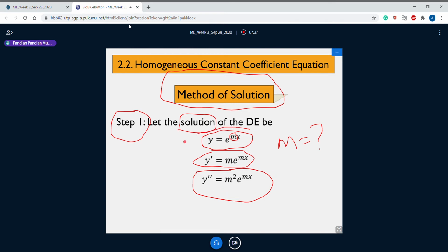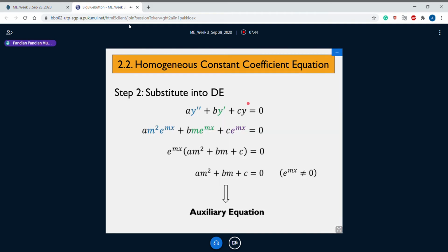Now, you take all this and plug it inside the differential equation, that is a y double dash plus b y dash plus c y equals 0. So you substitute a y double dash, that is a m squared e^(mx), b y dash, b m e^(mx), and c y, c e^(mx), equals 0. The right hand side must be 0.